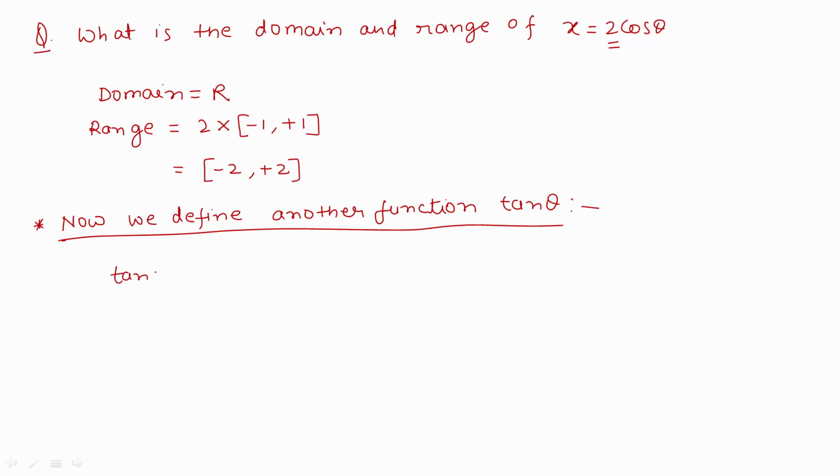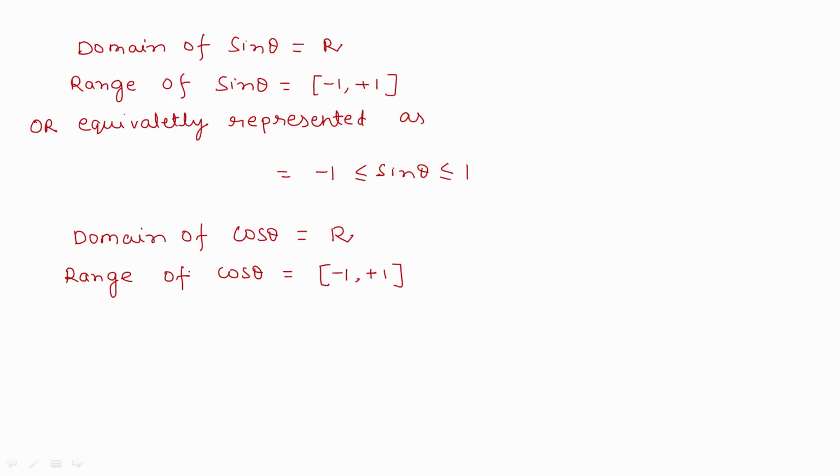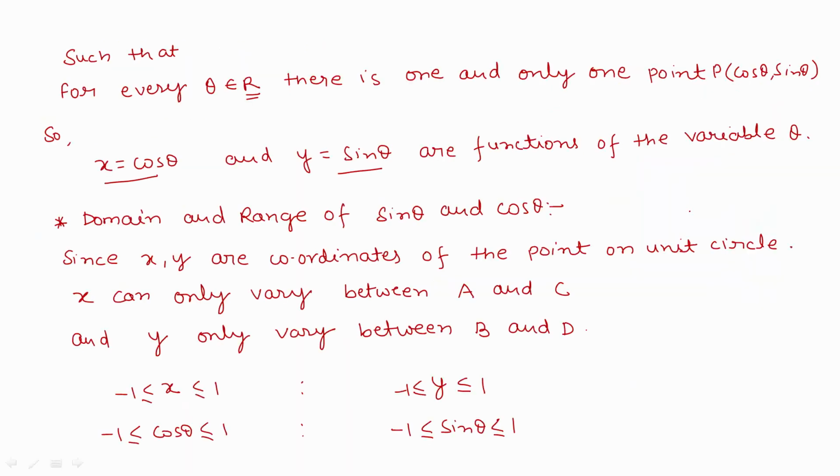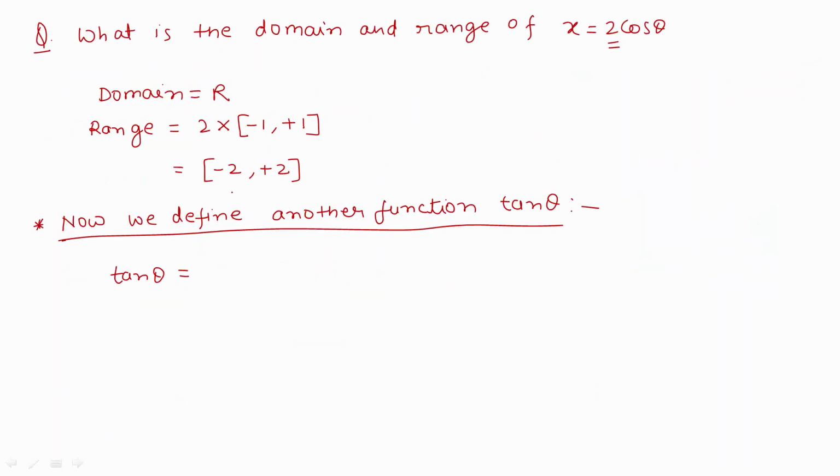Tan theta is equal to perpendicular upon base. The perpendicular is y and base is x, so tan theta is equal to y by x, which is basically derived from the same coordinates x, y on the unit circle, like this. And for this, obviously, if x becomes equal to 0, the tan theta will become infinity.